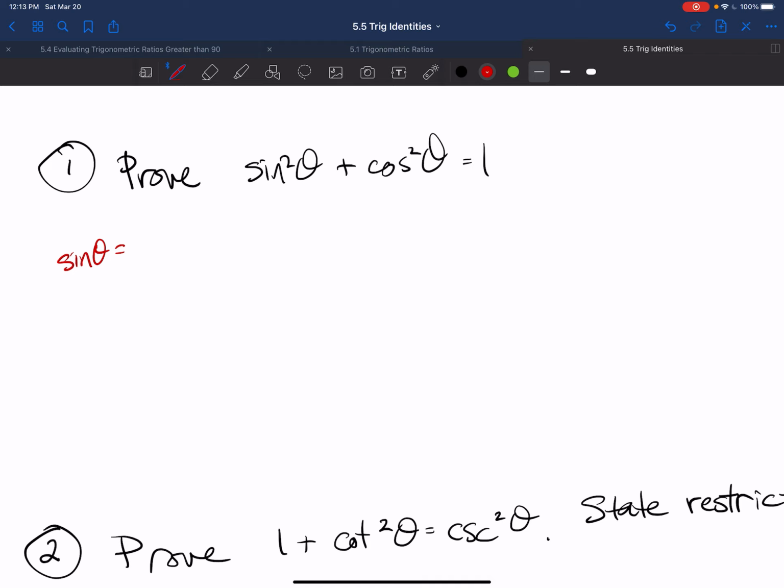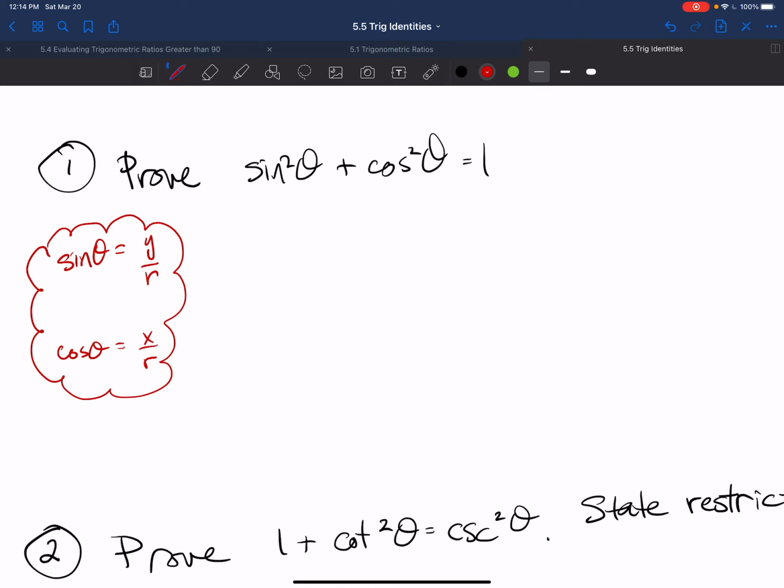We found that sine theta was y over r. You can also say that cos theta is x over r. So this is an identity. This is something that we have already previously stated is a fact. So we can use this to now solve the identity that we have in front of us.